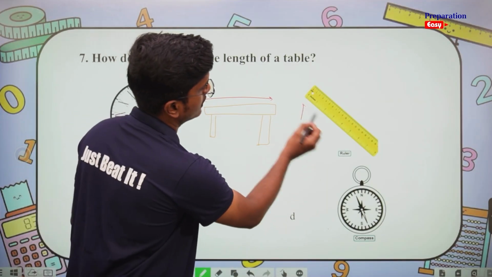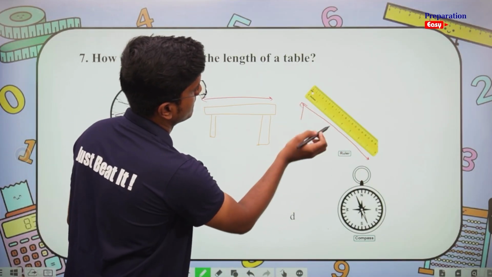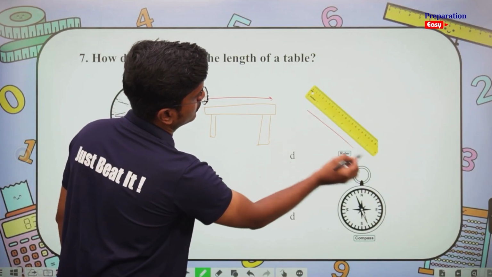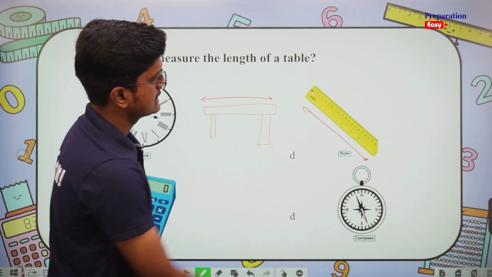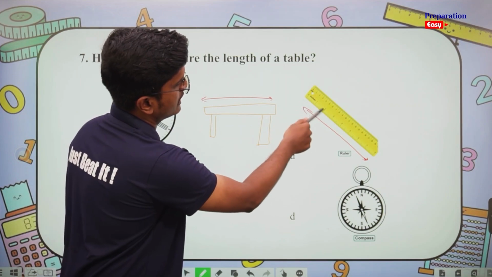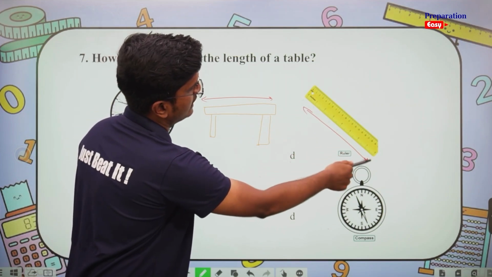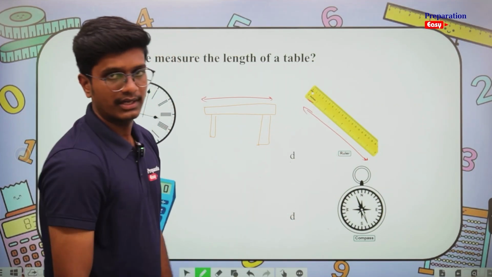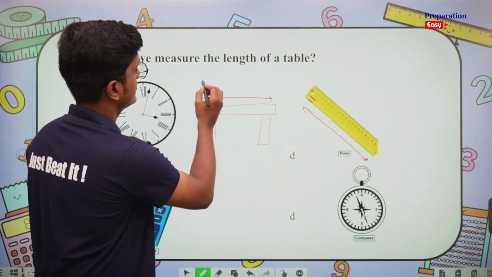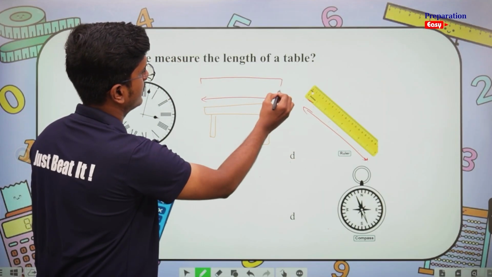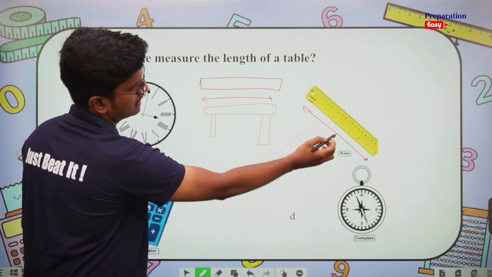The ruler has some sort of length and it has units for measurement, right? And on this ruler we have inches. So yes, we can use this ruler to measure the length of a table. We can draw this ruler here.